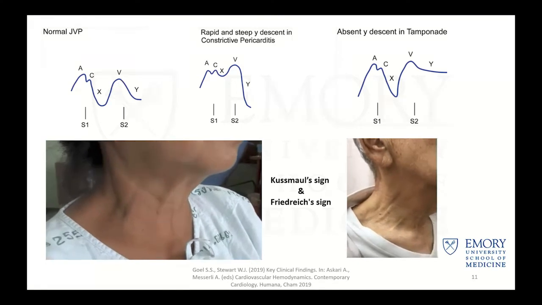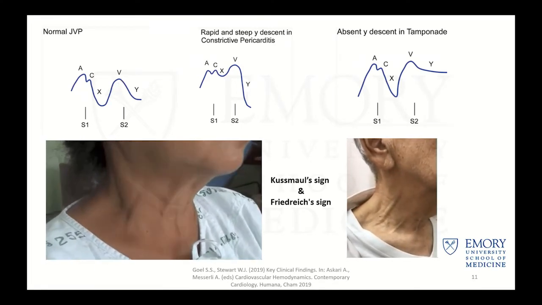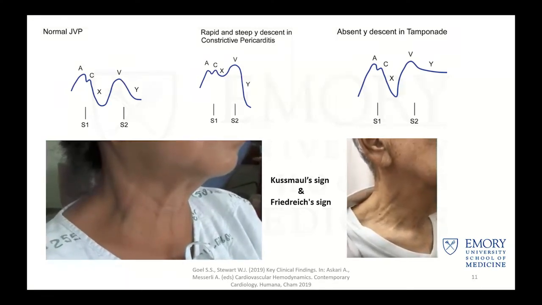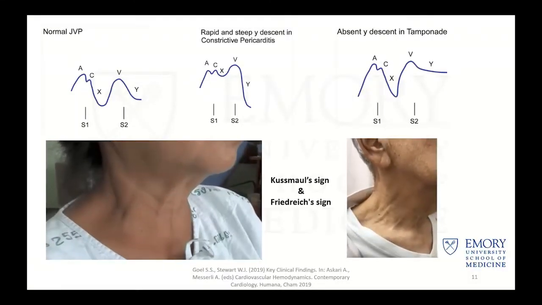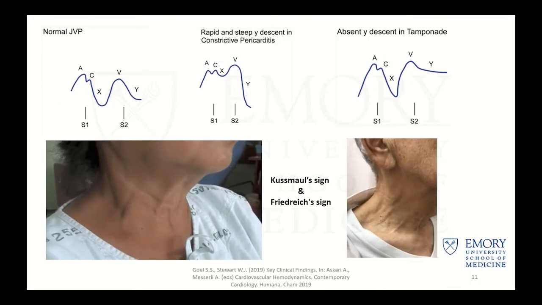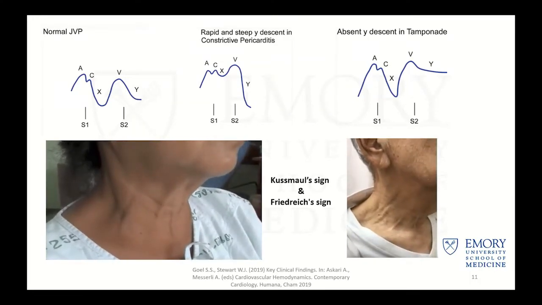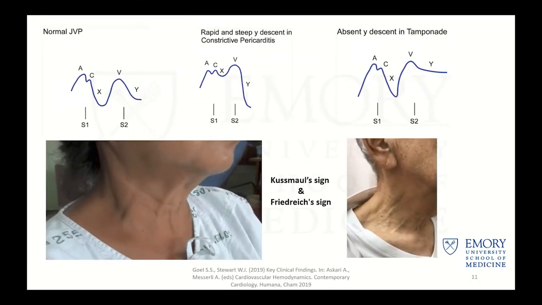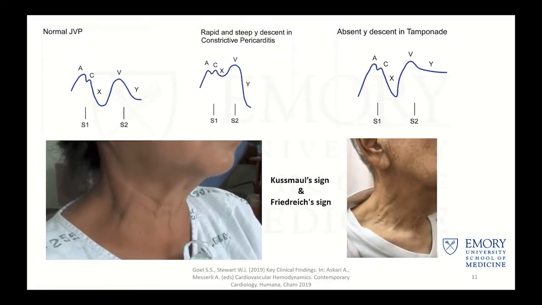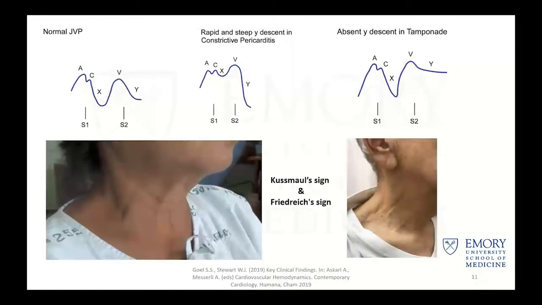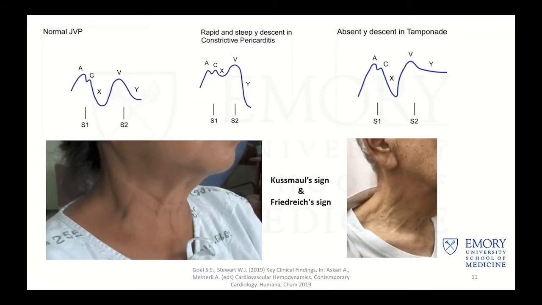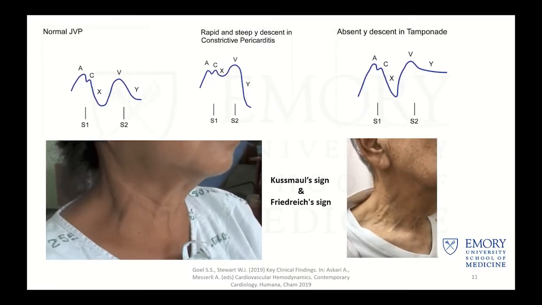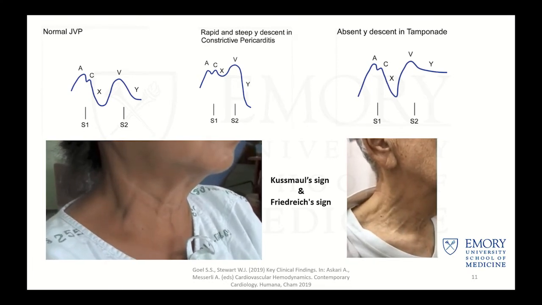So this patient on the left and on the right, in fact, pay attention to distension of the jugular veins with inspiration. This is classic for Kussmaul sign. And this happens because when you inspire, you increase the preload into the right side of the heart, where you already have high pressures that are constrained by the pericardium, and you have reversal of flow into your jugulars.